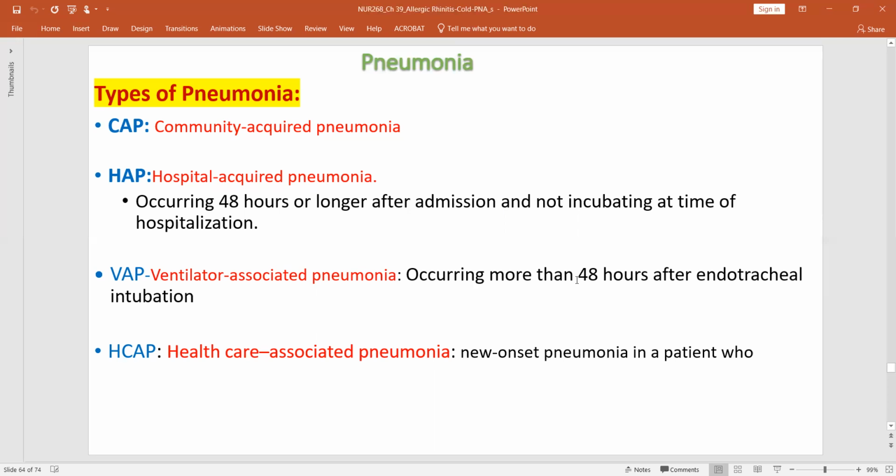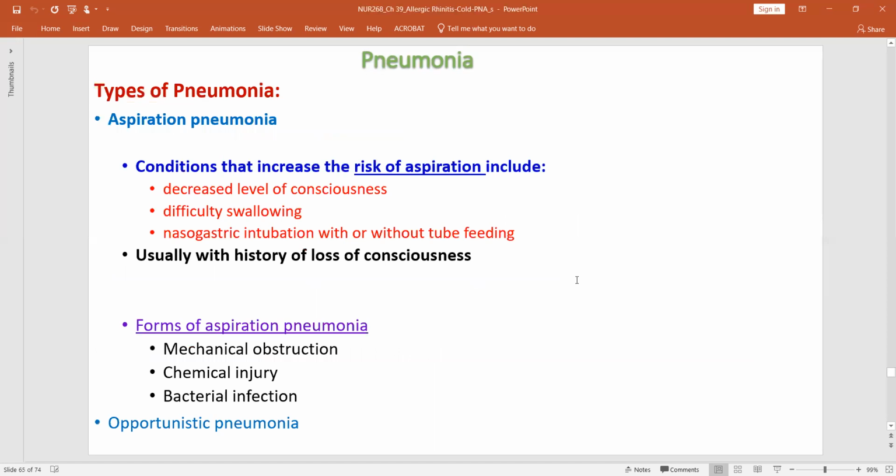A patient who has received IV antibiotic therapy, chemotherapy, or wound care within the past 30 days of the current infection. Or a patient who attended a hemodialysis clinic, under hemodialysis treatment for end-stage renal disease, ESRD.